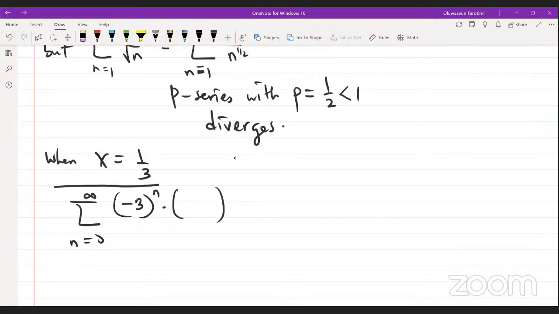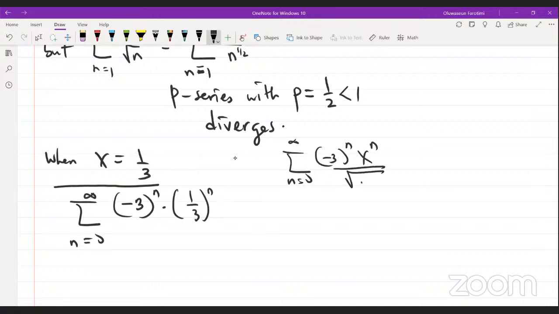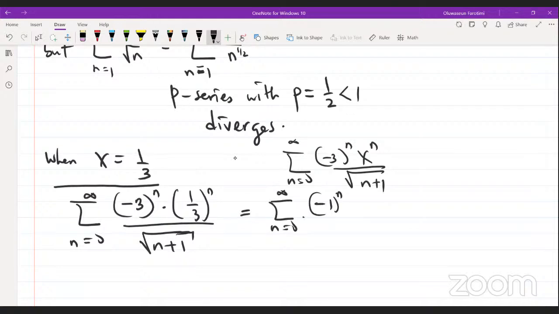No, sorry, it's positive here, because remember, your series is actually x to the power of n divided by square root of n plus 1. So you plug in x. Okay, so let's simplify this. The terms on top can multiply, and you're left with a -1 to the power of n.